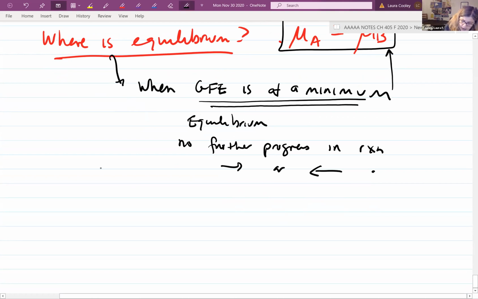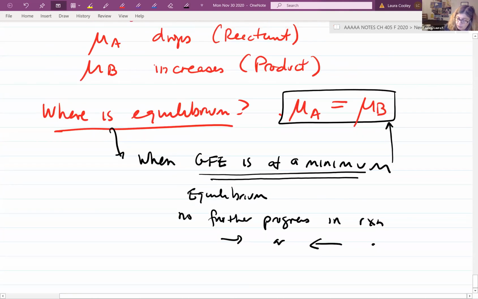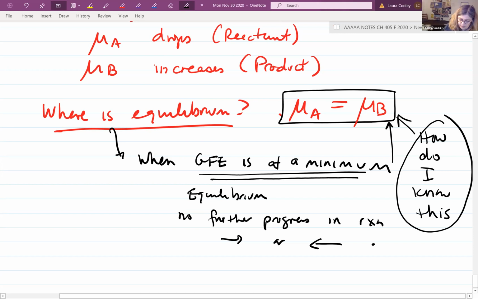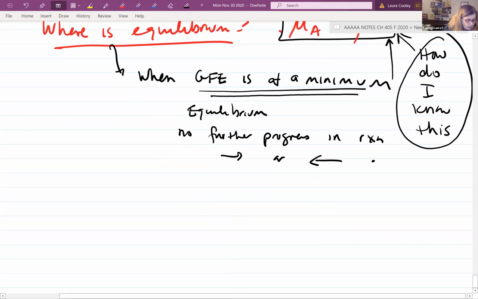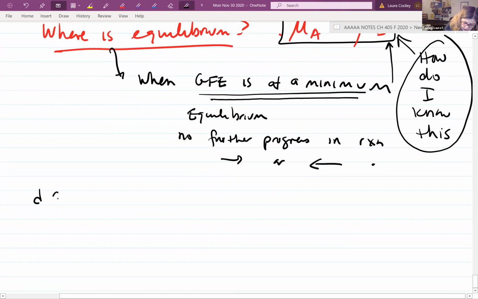So let me show you how we get to know this. How do I know this? The way I know it is through this crazy thing that I showed you at the very beginning of the semester.